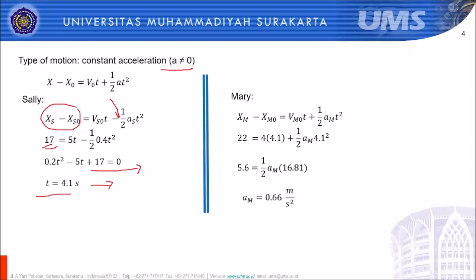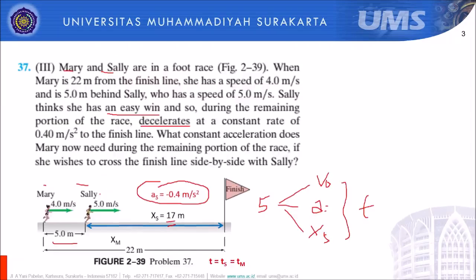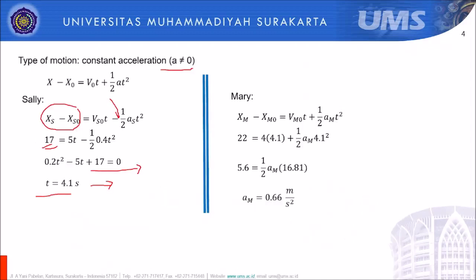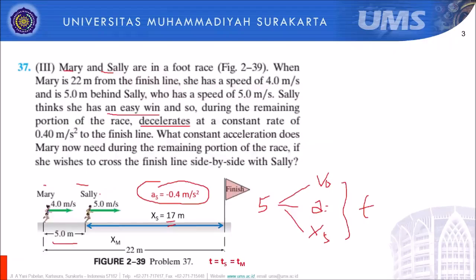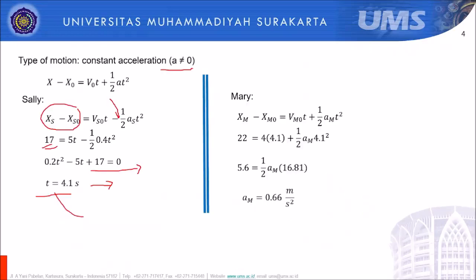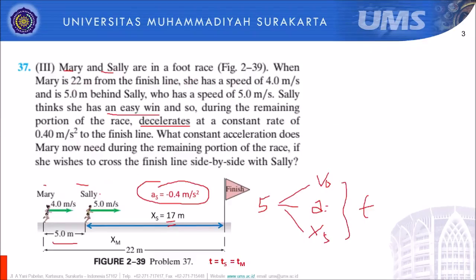This is the time needed by Shelley to get to the finish line, and this value, 4.1, is also required by Mary to get to the finish line. So for Mary we have the initial speed, the position, and the time as well.